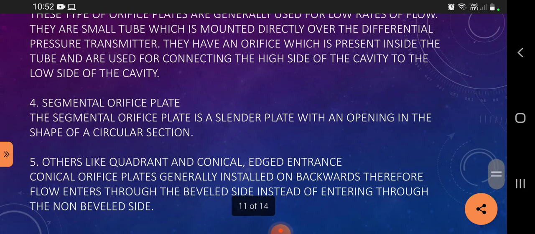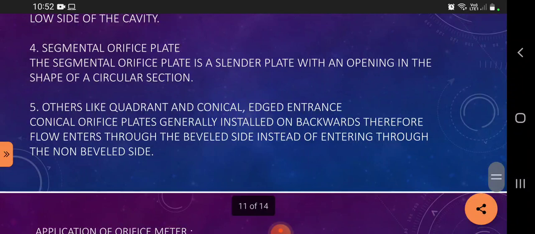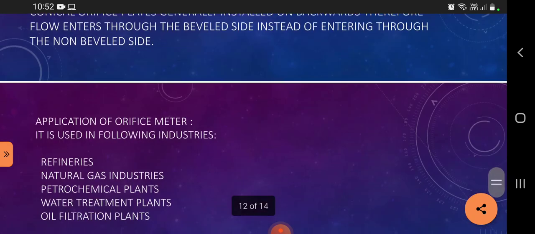The segmental orifice plate is a slender plate with an opening in the shape of a circular section. Others include equilateral and conical edged entrance. Conical orifice plates are generally installed on the backside.